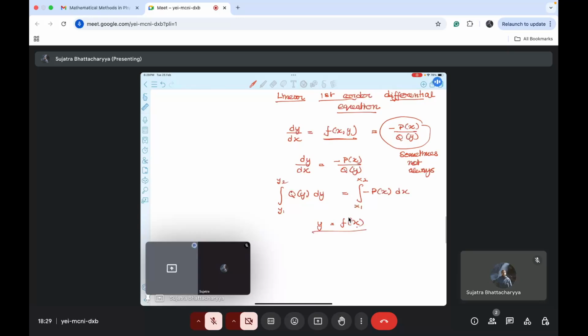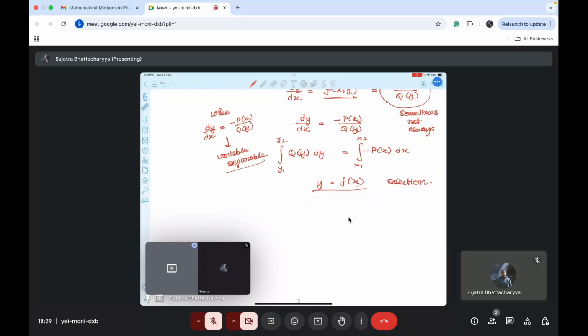So this is the solution of the differential equation. This process, when dy/dx can be written as some minus p of x divided by q of y, we call this method the variable separable method, or method of variable separation. Okay, so this is one of the ways you can solve.